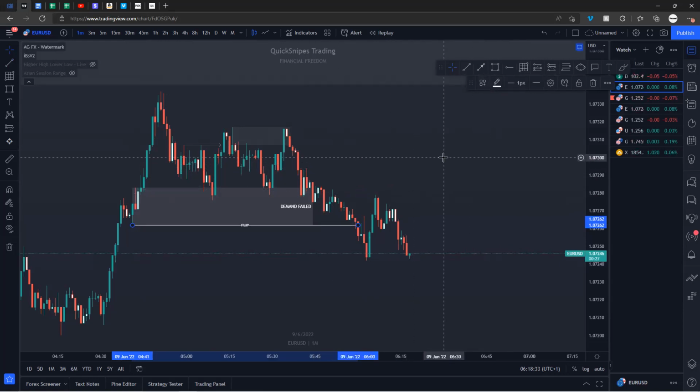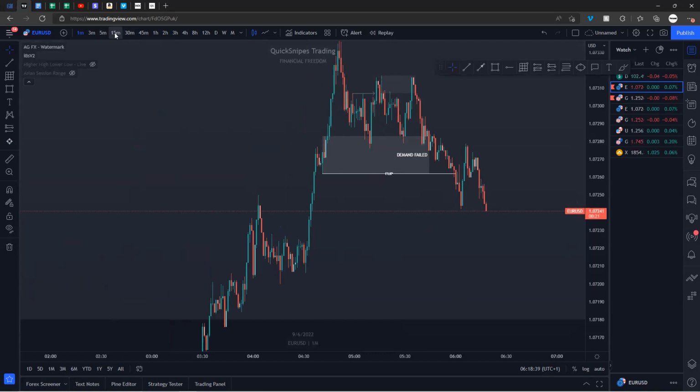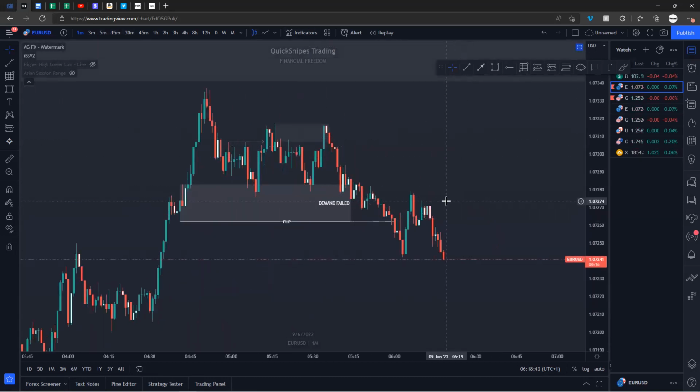So how could I get into this market? Right now, there's no entries that look too obvious to me. If I do want to get in, I either want to get in around here or I want to get in around here. There's nothing available over here due to just plain old liquidity.